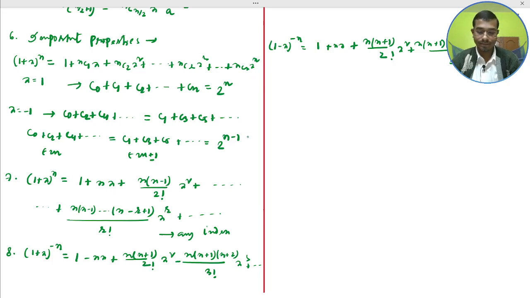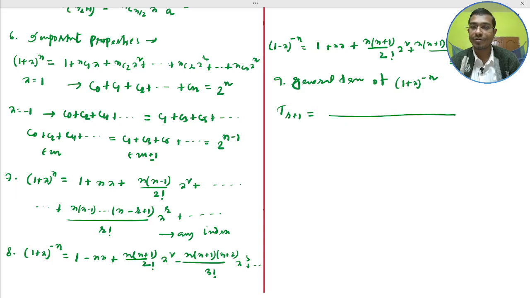Next, the general term. The general term of (1 + x) to the power minus n, T(r+1), equals (-1)^r n(n+1)(n+2)...(n+r-1)/r! x^r.